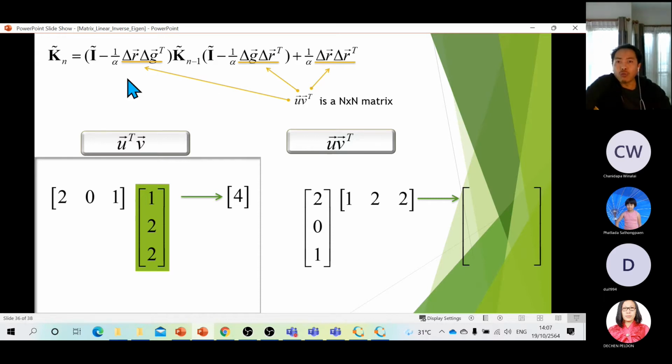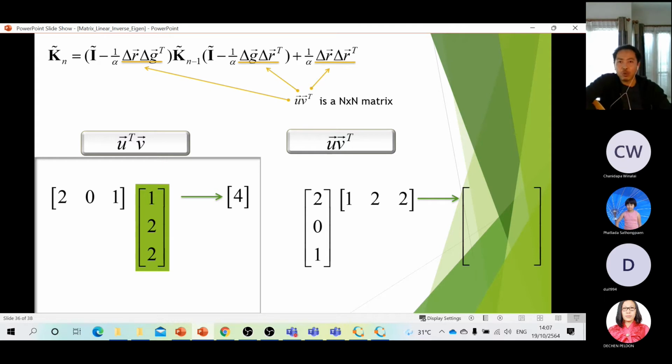What we know already is the I, that's very simple. That is the identity matrix. And then the alpha, if you look at the previous formula, is just a dot product between two vectors. So you know how to do that already.